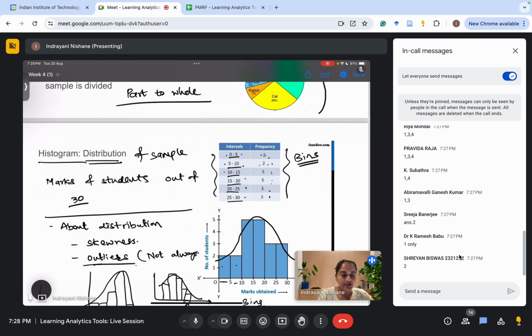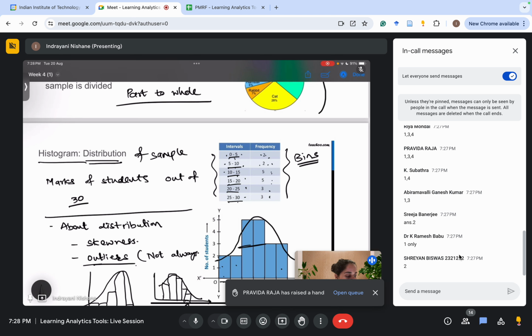So what happens when these bins are of unequal interval? Here 0 to 5, then 5 to 15, then 15 to 25, and then 25 to 30. If we do that, it will not give us correct information about the distribution. If the bin size is unequal, it will not give us a correct picture of this distribution. Right now the information is correct because the bin size is the same.